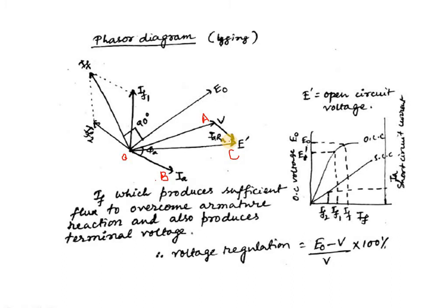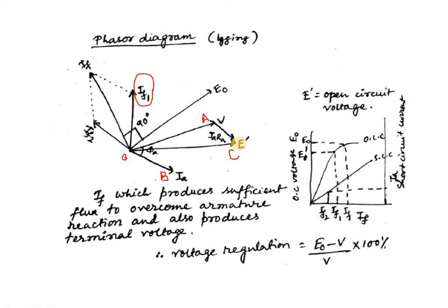Now from the OCC, the field current IF dash corresponding to the voltage E dash is noted. This is the IF dash, corresponding to the voltage E dash.